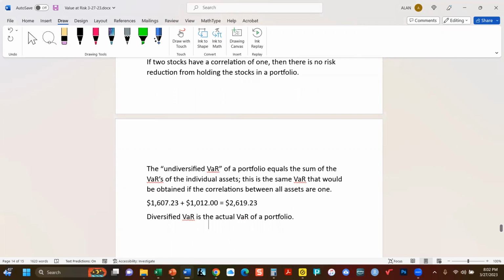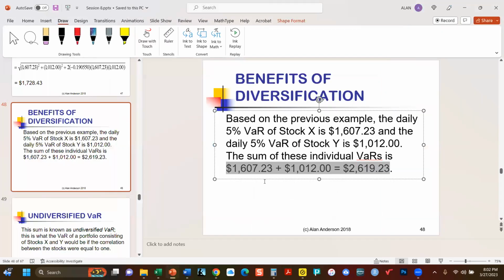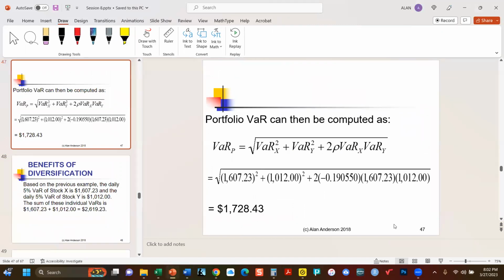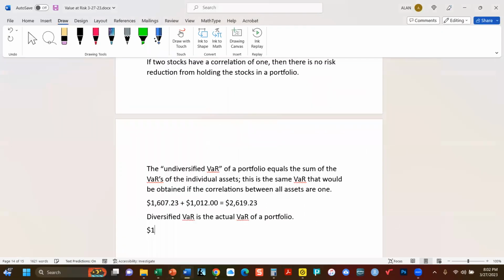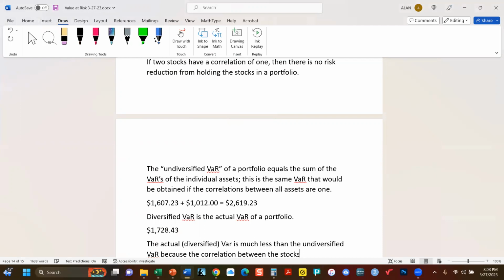But remember, the actual VAR in this case was 1728.43. The actual or diversified VAR is much less than the undiversified VAR because the correlation between the stocks is negative 0.19.